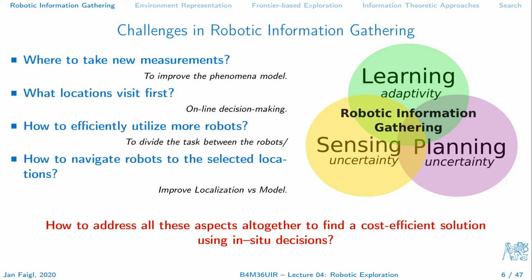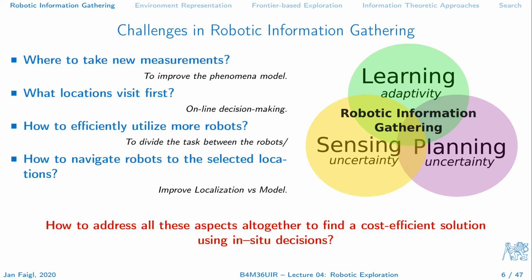And of course there are, let's say, two main sources of uncertainty. There is the uncertainty in sensing, because sensors are not precise, and also if we decide and plan some action, there is also uncertainty related to how precise a model we have. And also once we perform the planned actions, the execution is always not perfect.